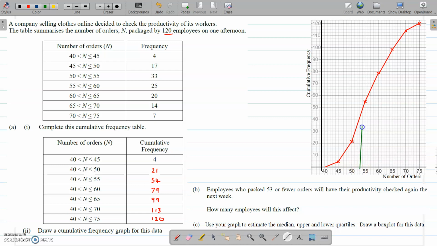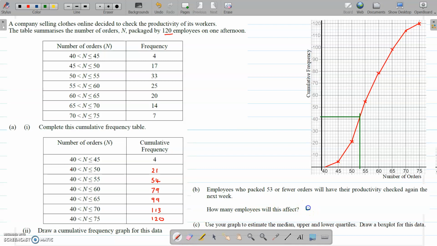Project a line up from the 53 until you cross your graph, okay, and then where you cross, project across here, and I read that off to be about 42. Okay, so you read off the number off the vertical scale, and that appears to affect 42 employees.